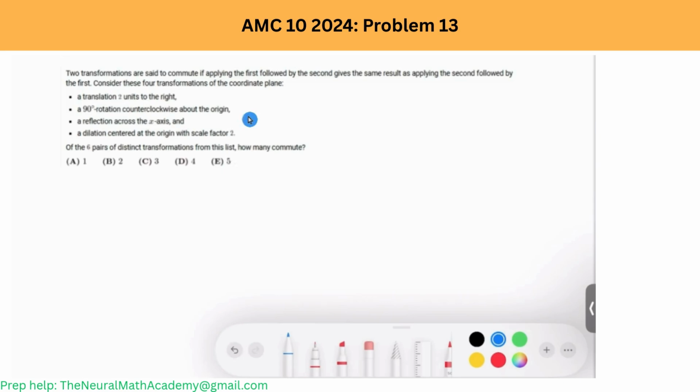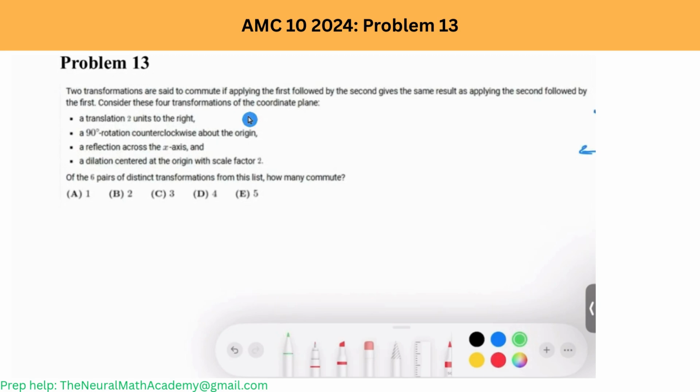For this problem, let's say our coordinate plane is xy, and let's write the mapping for each of these transformations. The first one maps (x, y) to (x plus 2, y). The second one maps (x, y) to (minus y, x).